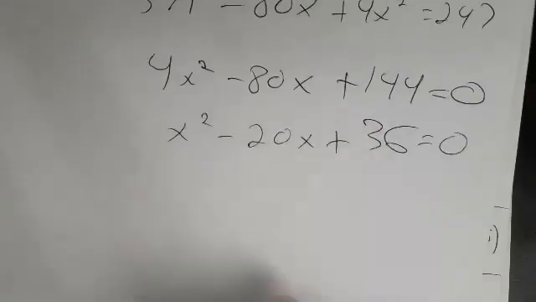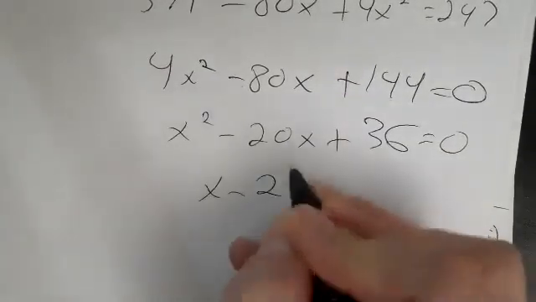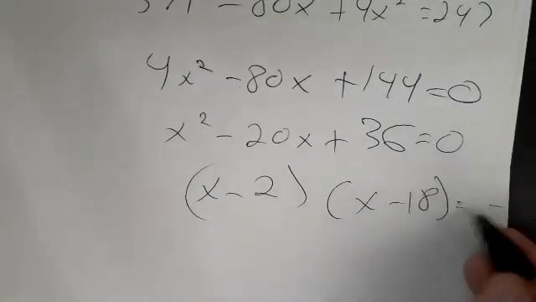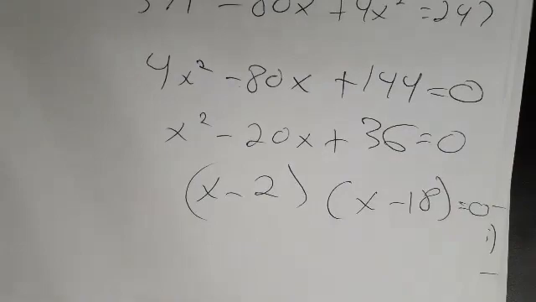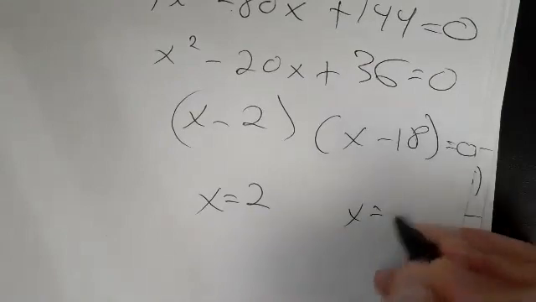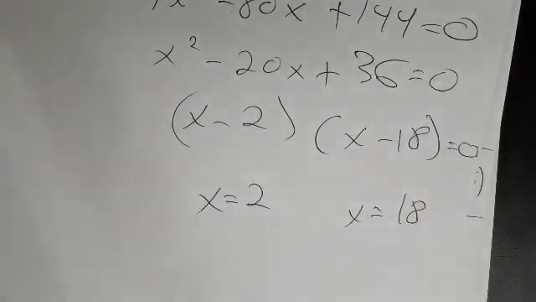And from here, this thing should factor evenly. I remember one of them was x minus 2. I think the other one is x minus 18. Does that get me that? I think it should get me there. This is giving me a value of x equals 2. This is giving me a value of x equals 18.